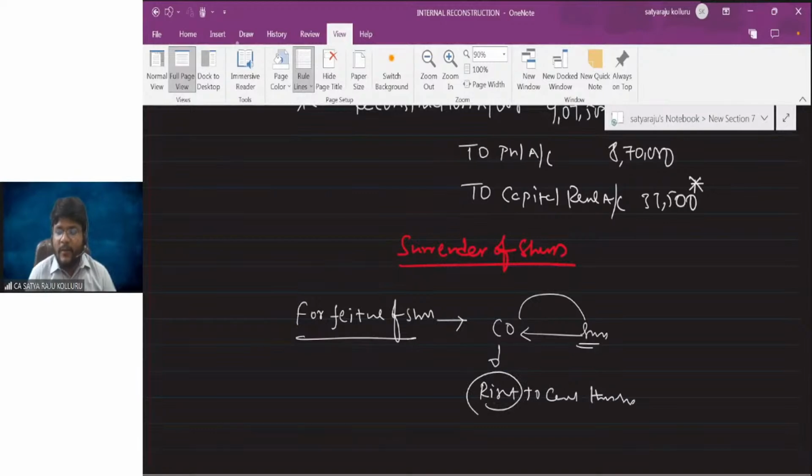It is a right given by the Companies Act 2013. And at the time of cancellation, there is no need to repay a single rupee to the shareholder, even though he contributed a certain portion in the form of application money or allotment money. Such a concept is known as forfeiture of shares.